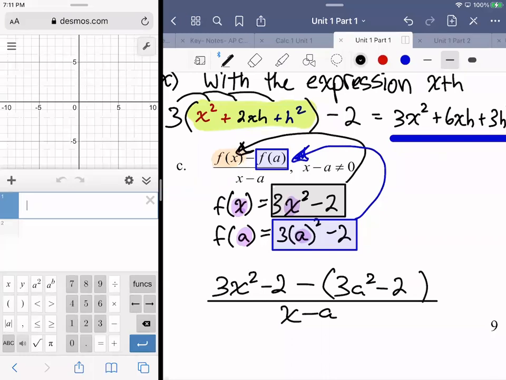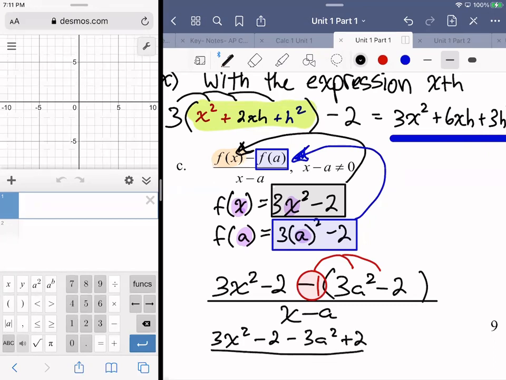So what I'm going to do is run through, we got, again, the understood -1. (3x squared minus 2 minus 3a squared plus 2) over x minus a.